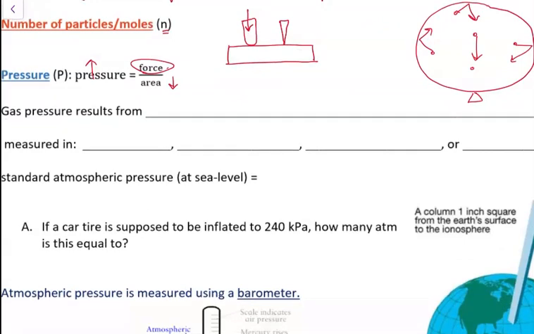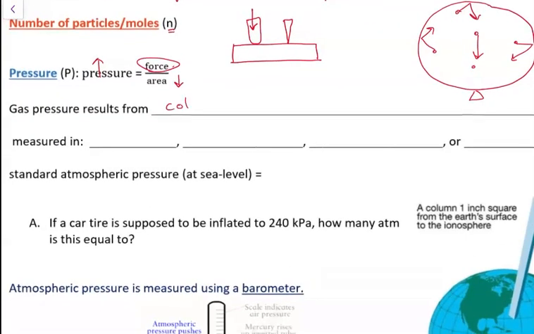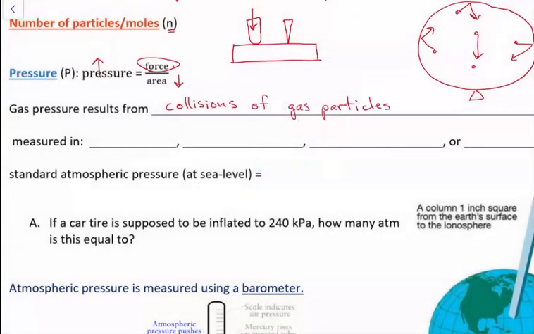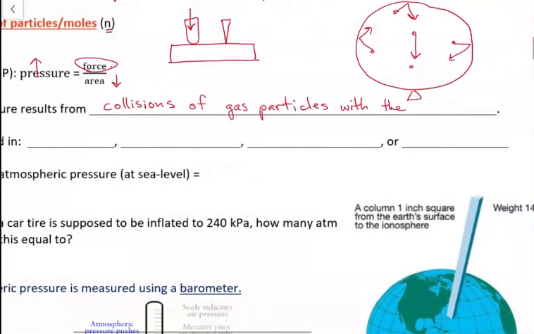Gas pressure results from collisions of gas particles with the wall or walls of the container.